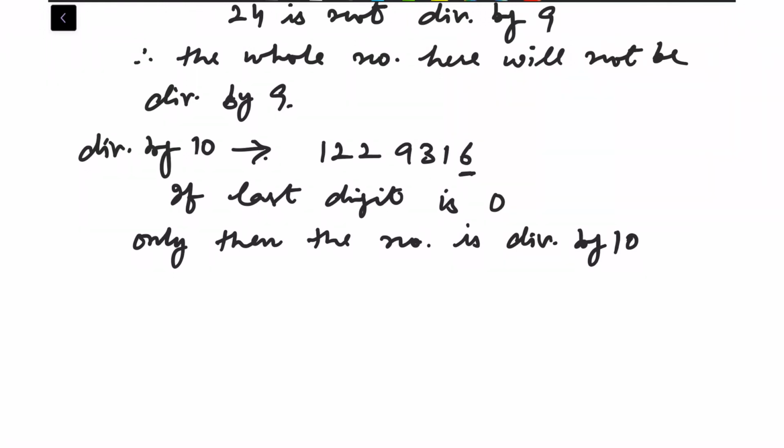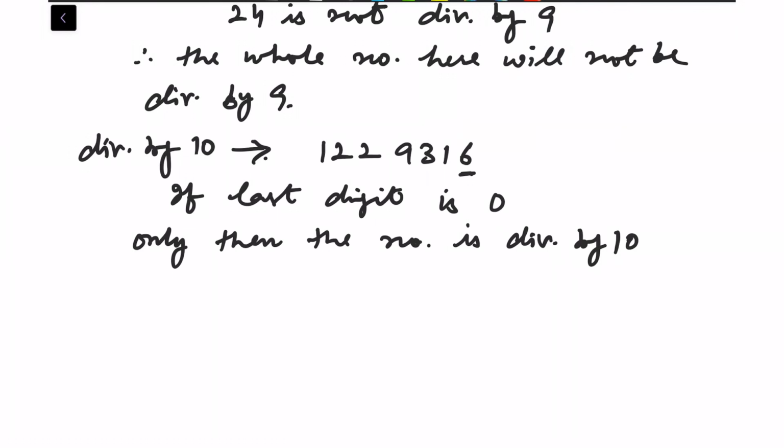To see the divisibility by 10, we have to check only the last digit of the whole number. If it is 0, only then we can say that it is divisible by 10, otherwise not. Here the number is 6, it is not 0.